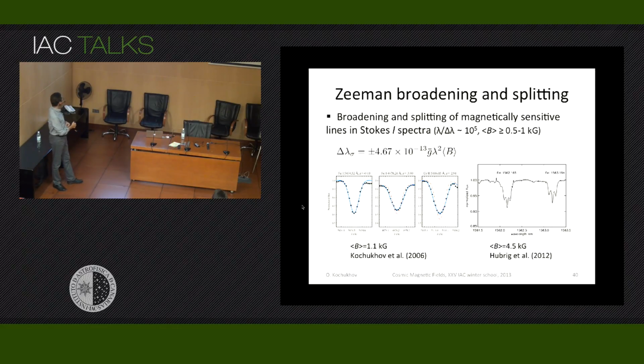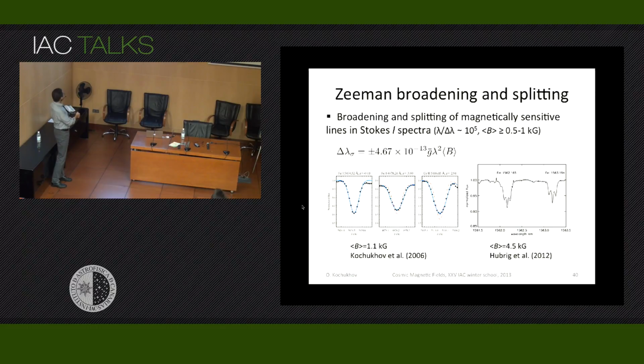And this is a couple of examples of measuring field modulus. In this case, it's optical spectra, and the field is not very strong, around 1 kilogauss. What is compared here is observations with dots and synthetic spectra for lines with different magnetic sensitivity, different G. So this is G0, and these lines have G3.